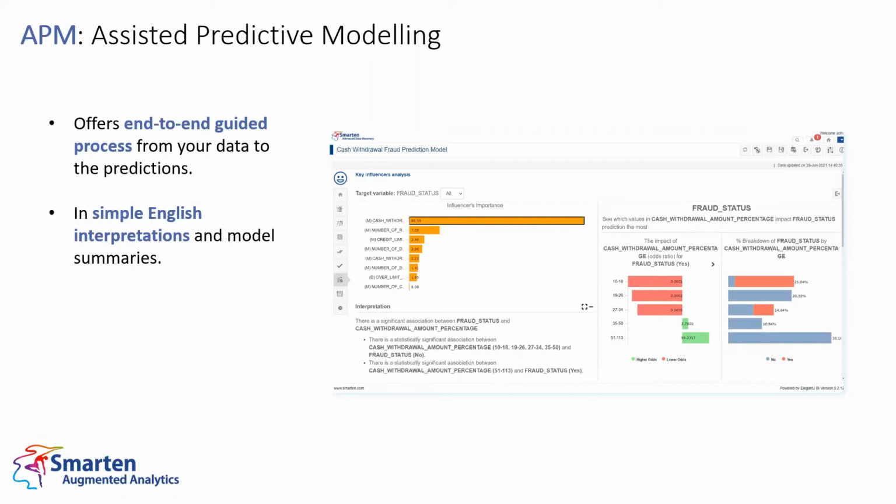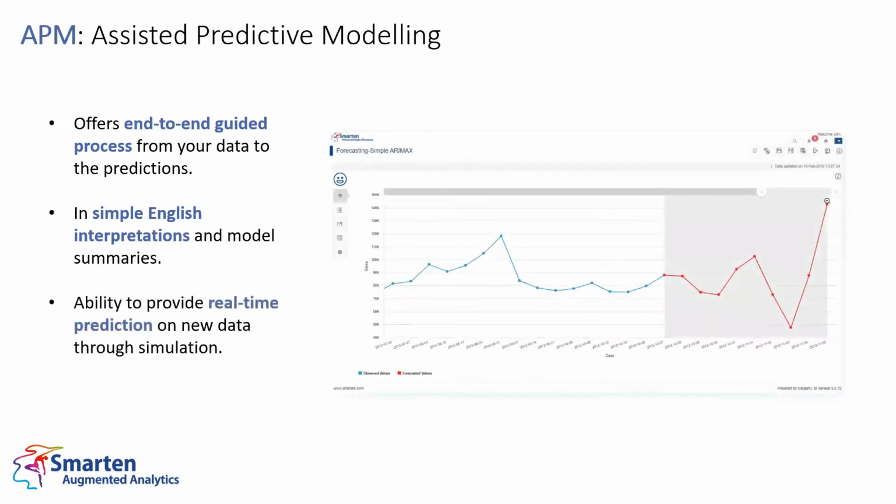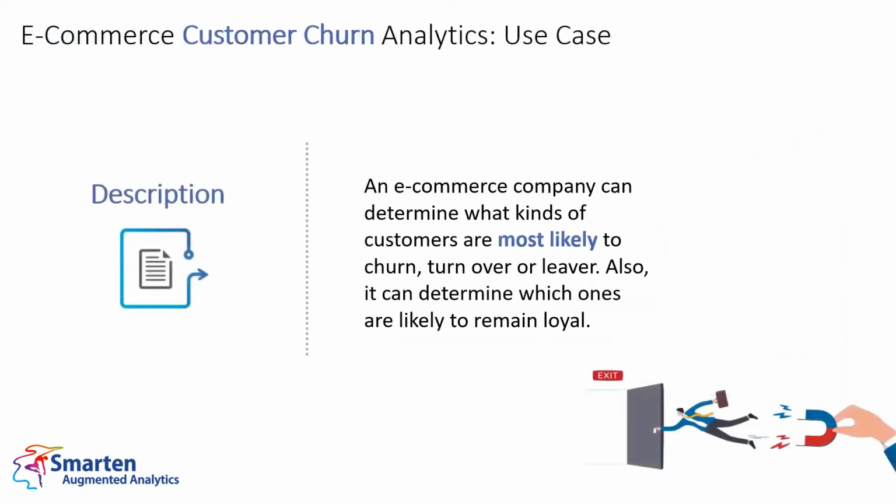The interpretation we are giving in assistive predictive modeling is in very simple English language, and anyone can understand the particular interpretation that we are giving. And we are also giving real-time prediction for this particular module of Smarten.